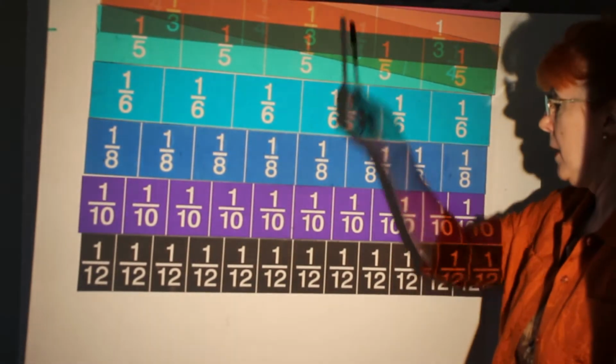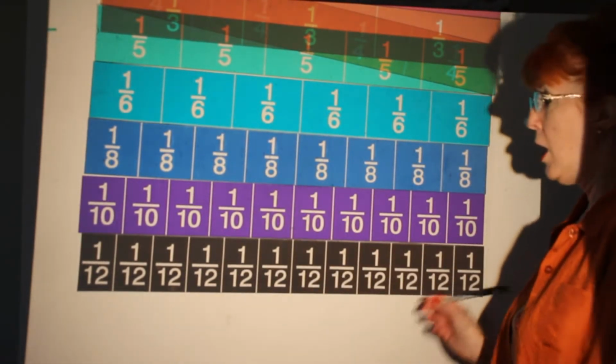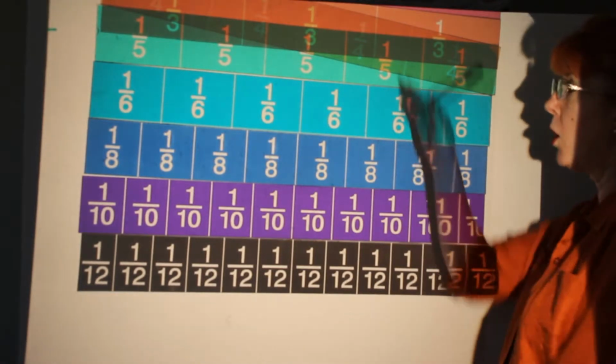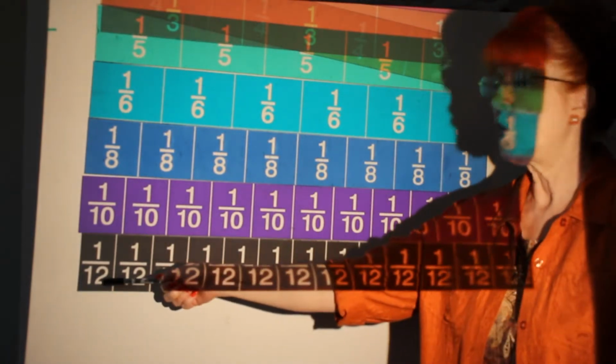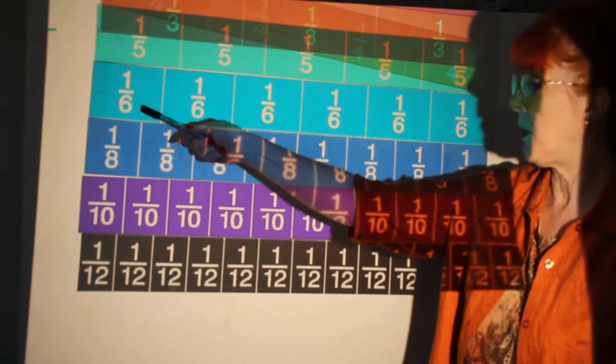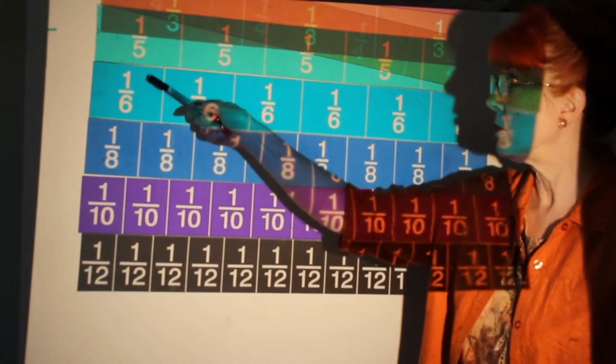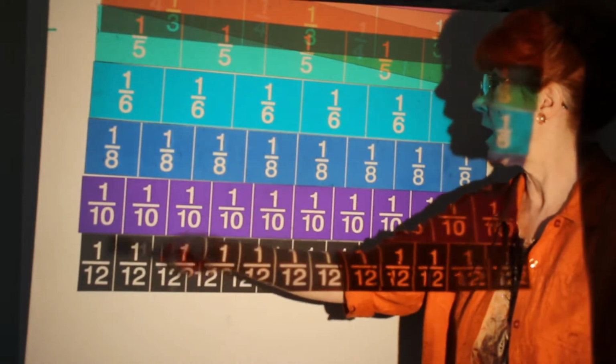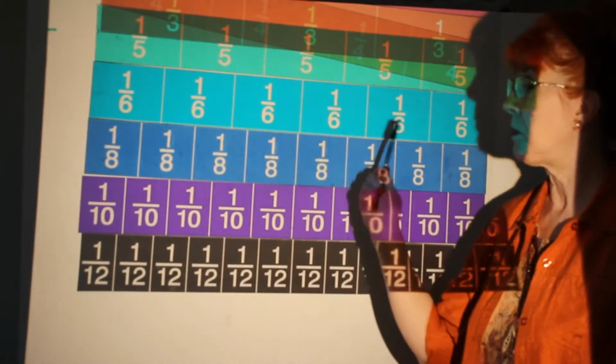Either way, you still have parts of 1. You're just making the parts smaller as you go. If there's 12 parts, each part is going to be smaller. When you're talking 6 parts, you can see the difference in the size. 6 parts, they're a little bit bigger for each part.